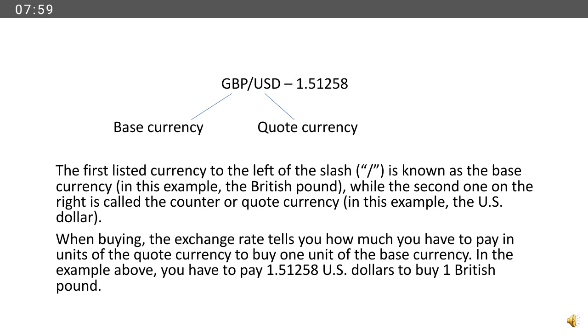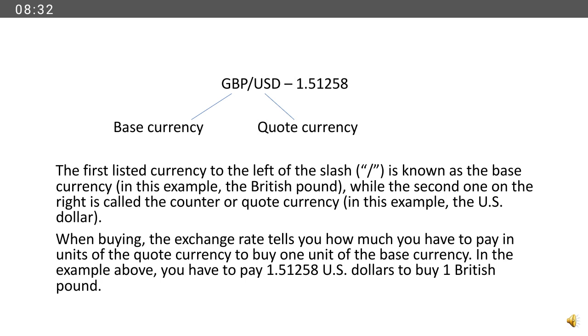The first listed currency to the left of the slash is known as the base currency, while the second one on the right is called the counter or quote currency. When buying, the exchange rate tells you how much you have to pay in units of the quote currency to buy 1 unit of the base currency.